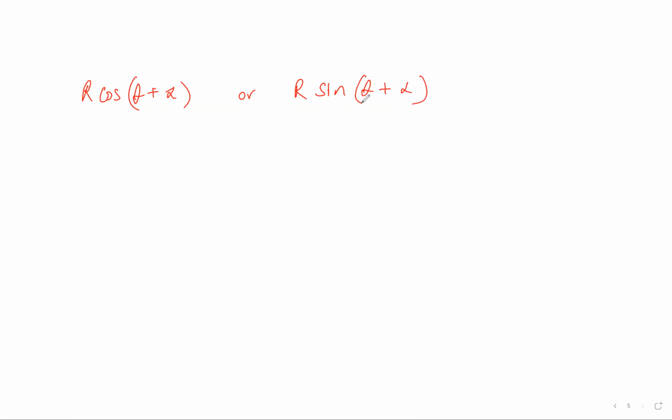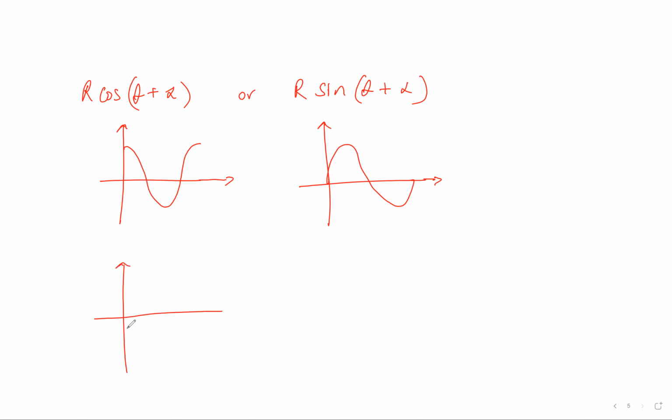But usually your graph would be, you know, this is the normal kind of graph for positive cosine, and for positive sine, you get something like this. I'm talking about very typical graphs. But you may also get graphs which are like this and like this.